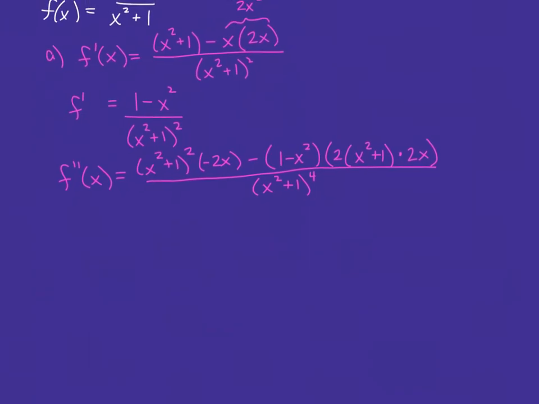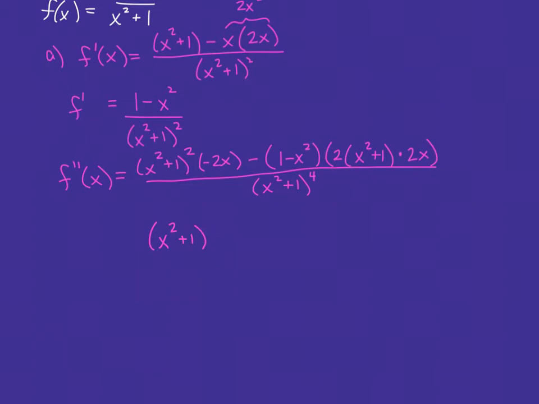So simplifying, in our numerator, what I actually see here is this x squared plus 1 in both terms, so I want to just factor that out. And we can see that there's a couple things that we can factor out from each one of these. The first thing that I see is the x squared plus 1, so I'm going to factor that out front.